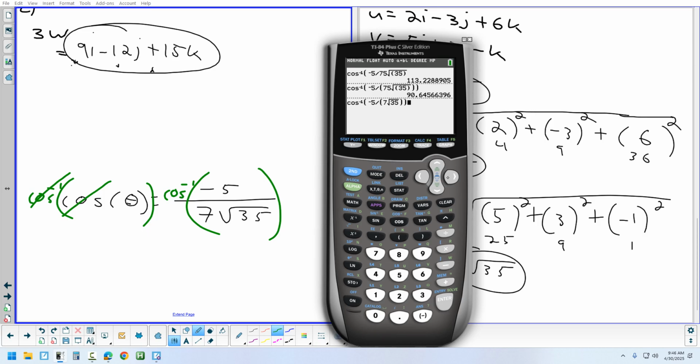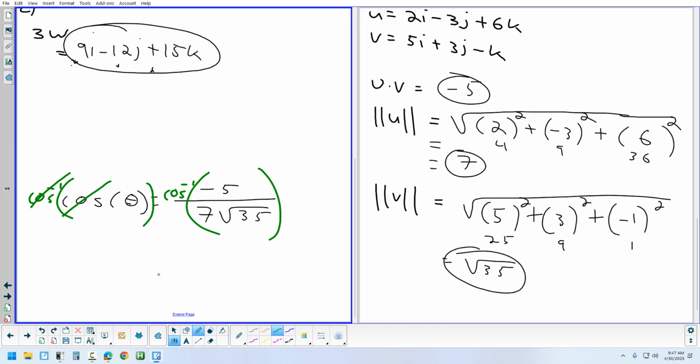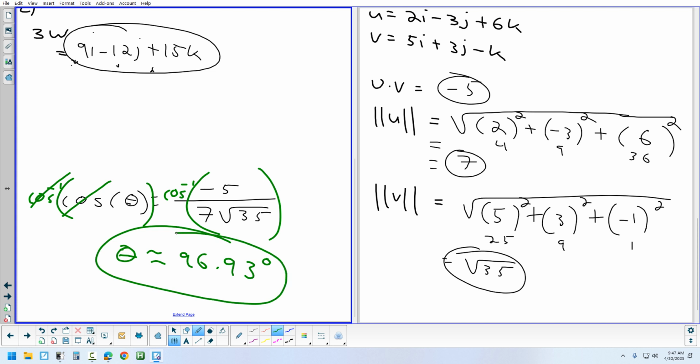The extra parentheses around the 35 won't hurt anything. And that is the correct answer. Okay, so make sure you put parentheses around the denominator. 96.93. Okay. Any question on that?